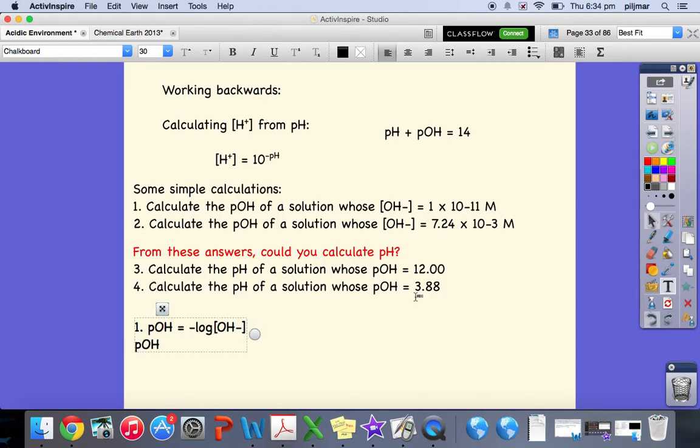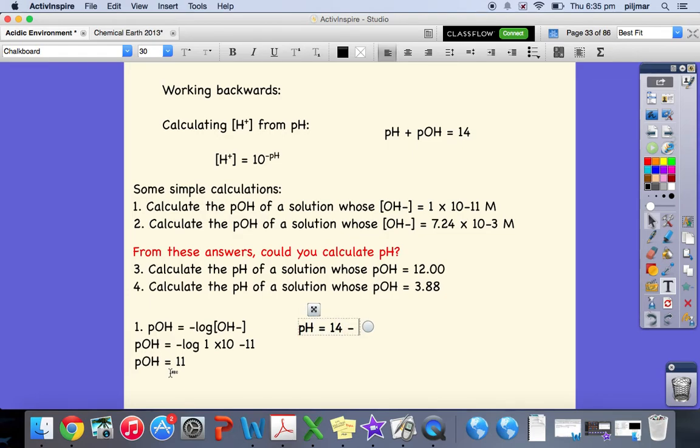So pOH is equal to negative log of 1 times 10 to the power of negative 11. That should be, correct me if I'm wrong, 11. If we then wanted to work out the pH of this solution, so this pOH is 11, we would look at our equation and go, I've got pOH, I want to work out pH.